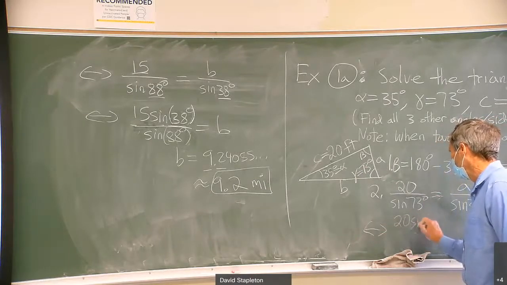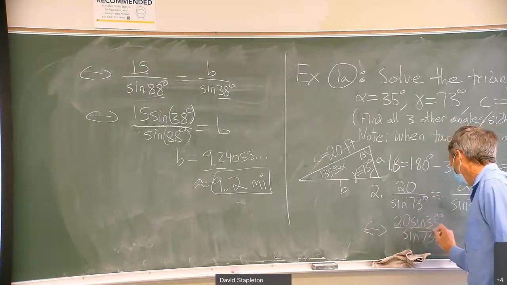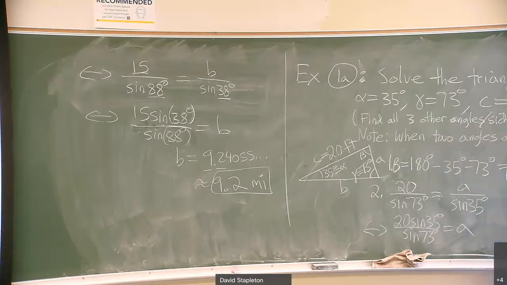The left side multiplied by sine 35 is 20 sine 35 over sine 73 is A. When I run that on the calculator, A comes out to be, again, make sure you close the parentheses here, 20 times sine 35 closed divided by sine 73 closed gives me 11.995. If I'm going to round to two digits like these are, we'll say it's 12. And it's the same units as this one, it has to be feet. So that's 12 feet.